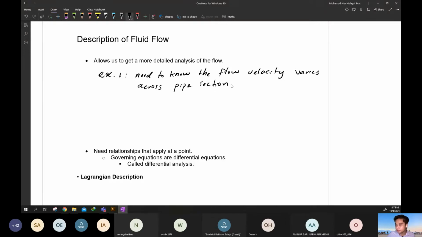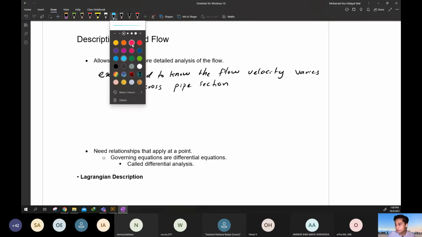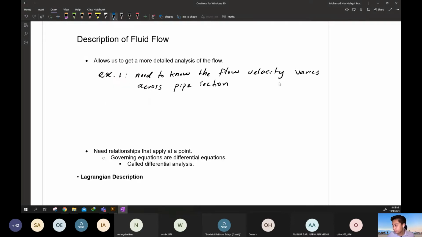For example, we have the pipe section here. Okay, this is the pipe section. So across the pipe section, in the cross-sectional area, we have the flow. The flow will be like this. This is what we call non-uniform flow. So we need to study the velocity difference at this point, this point, this point, this point. That is why we need to understand the description of fluid flow.